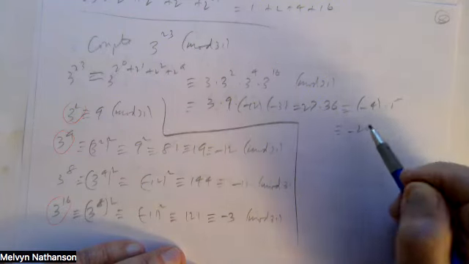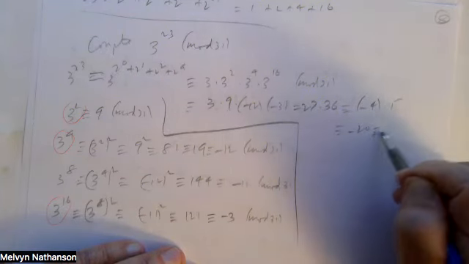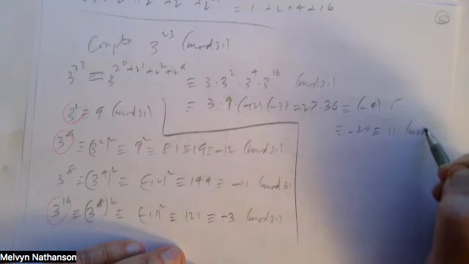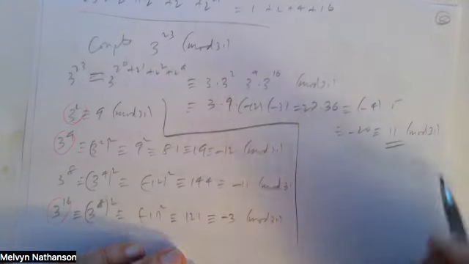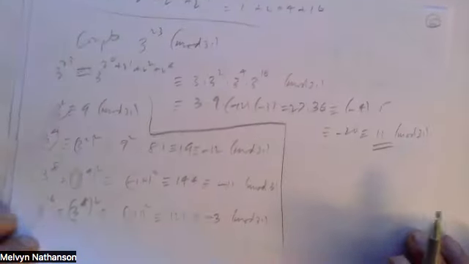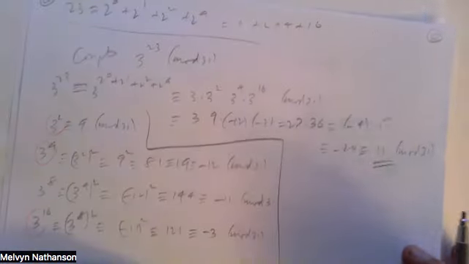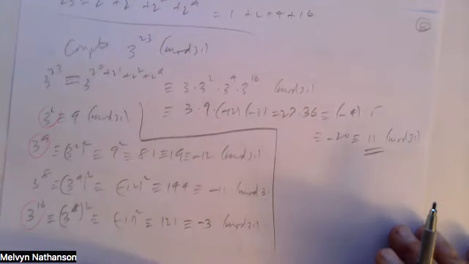So this is minus 20, which is the same as 11 mod 31. Huh. What did I get? It's not what I got when I did it previously. Good, I'd love to check stuff.